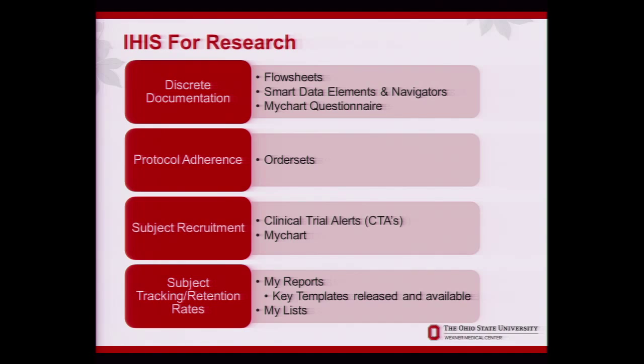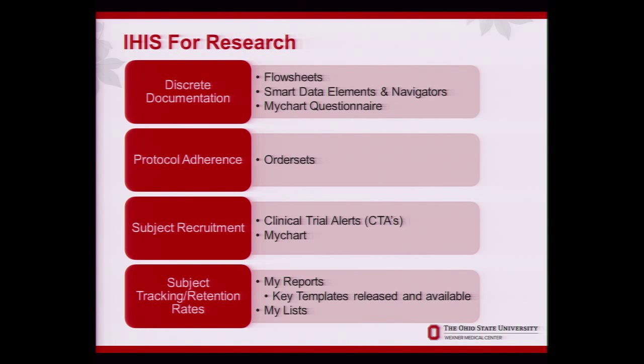We also release a number of different capabilities standardly to our research community to help support what you're trying to accomplish. Some of those discrete areas are we do work a lot on discrete documentation. A lot of the things being charted in the electronic medical record are free text and they are completely useless without a chart audit and having someone go in and retype it all into a spreadsheet.